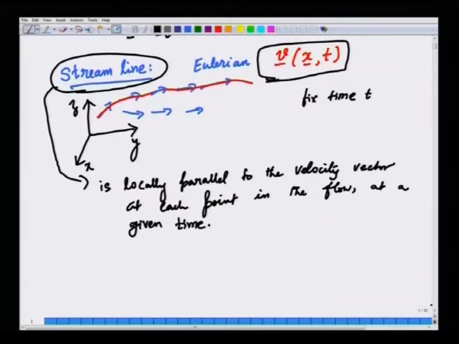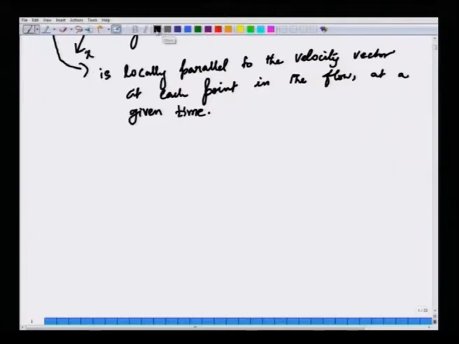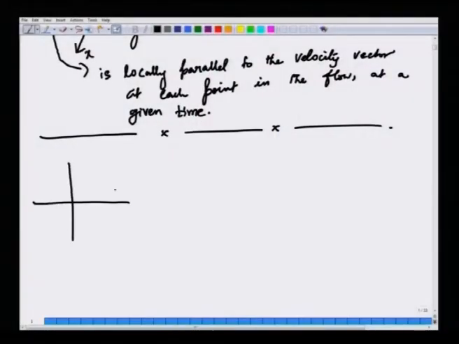The streamline is therefore an inherently Eulerian idea, while the path line is an inherently Lagrangian concept. And we also started by discussing an elementary example which tells how these three ways of visualizing motion compare and contrast with each other. This was obtained in a simple setting where we said north, south, east and west.